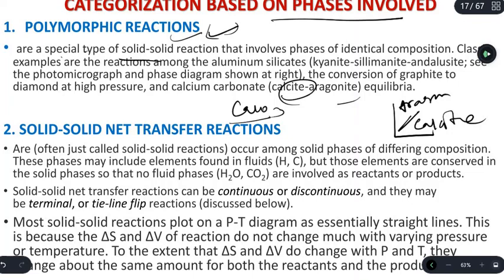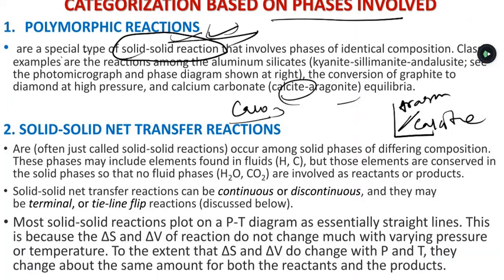A special type of solid-solid reaction. ठीक है? Clear? अगर क्वेश्चन दे दिया कैल्साइट aragonite, बट ऑप्शन पे आपको पॉलीमॉरिक रिएक्शन की वजह से solid-solid reaction दिया होगा. Then you will see. You should memorize like important fact. जैसे मान लो polymorphic reactions are the special type of solid-solid reaction.